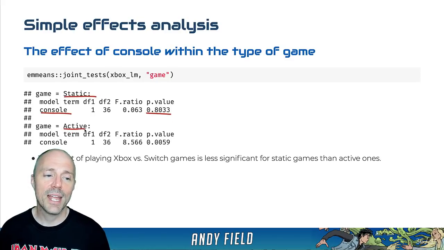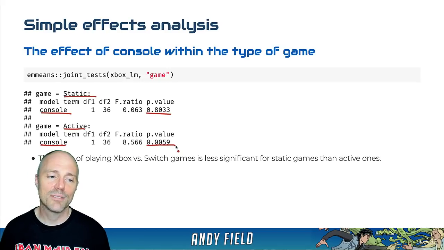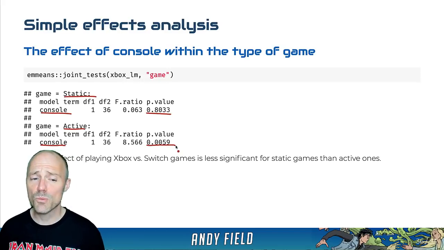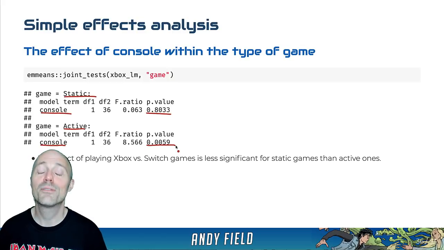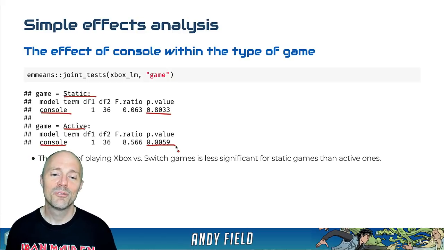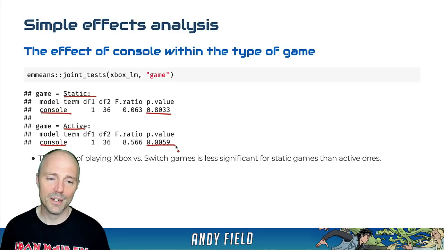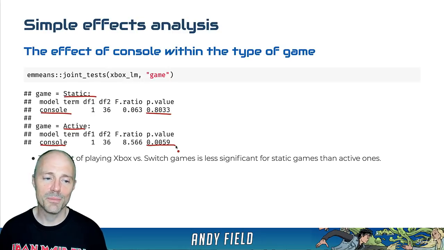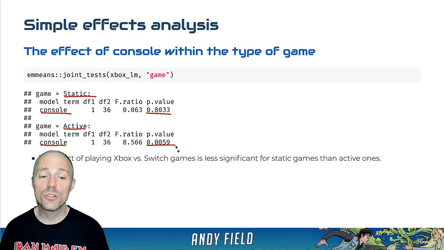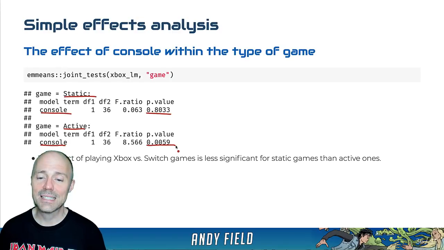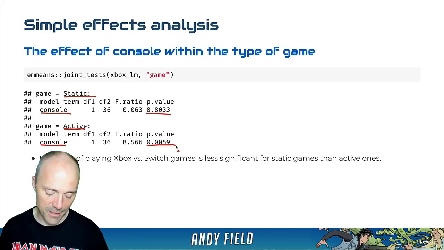But for active games, the effect of console is highly significant. For active games, the severity of injuries was much higher for Switch games than it was for Xbox games. So the effect of the type of console is less significant for static games than for active ones. That effect of console only seems to kick in for active games.